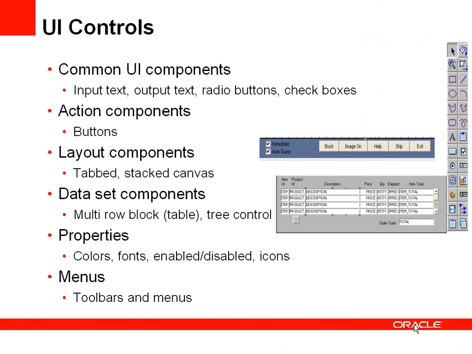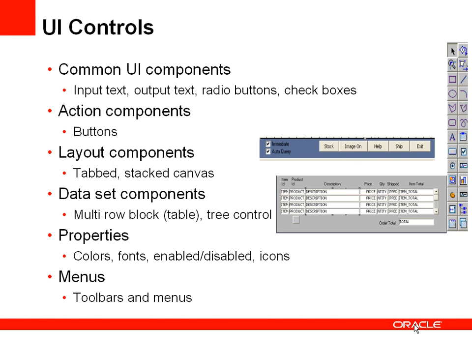So once we get the navigation completed, we're looking at building the user interface pages as well. Many of the features that you have in Forms applications, text fields, checkboxes, buttons, menu items, have existing components in the ADF world as well. So you can create applications that look and probably behave in a very similar way to the Forms applications using ADF.